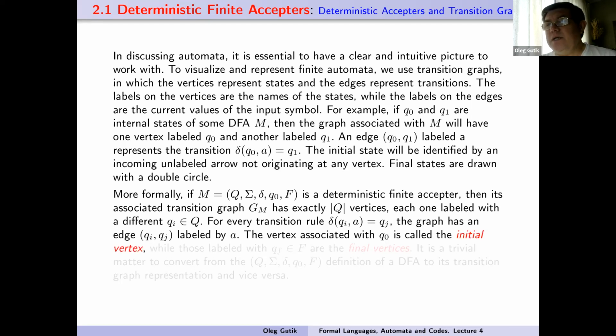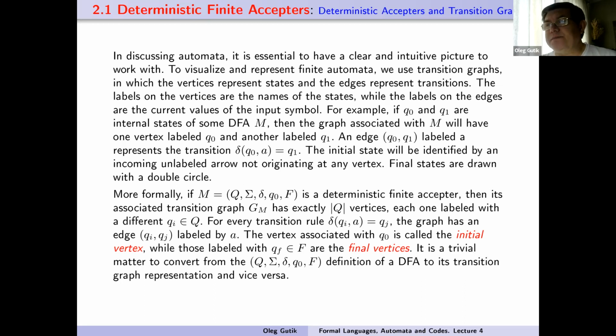The vertex associated with q0 is called the initial vertex, while those labeled with qf belonging to F are the final vertices. It is a trivial matter to convert from the (Q, Σ, δ, q0, F) definition of the deterministic finite acceptor to its transition graph representation and vice versa.